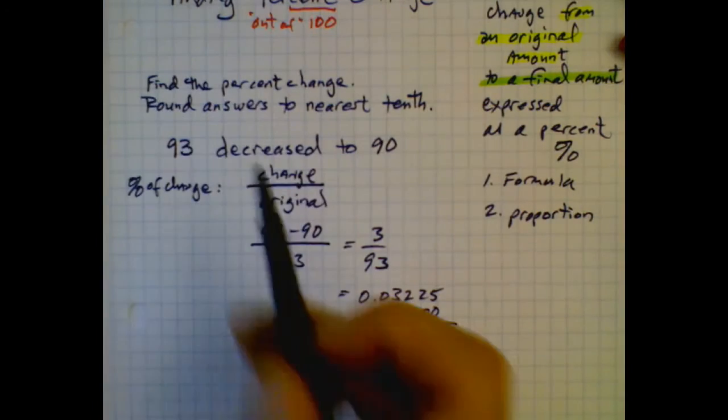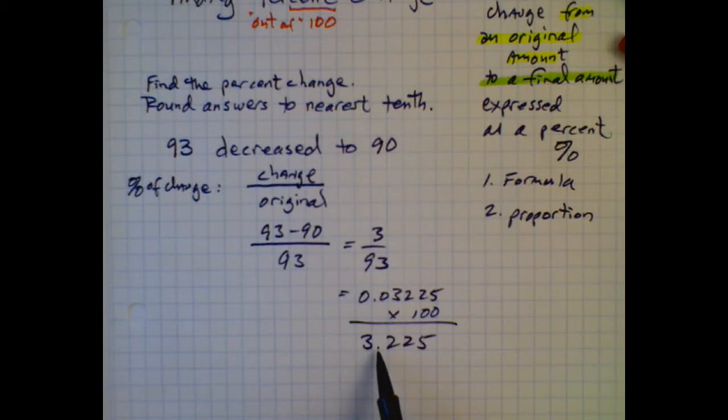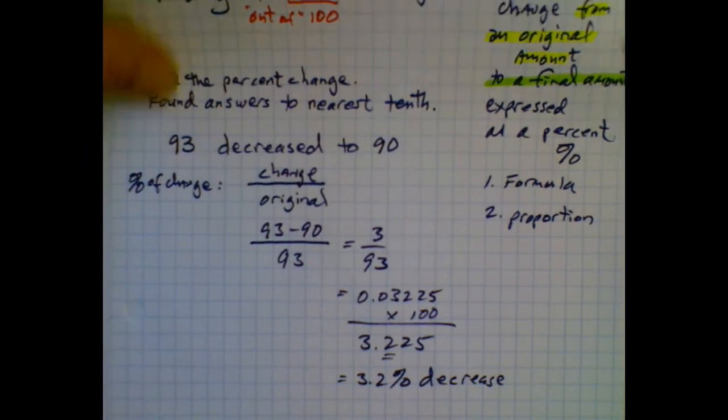But remember, the instruction says round to the nearest tenth. So here's my tenths position. In the hundredths position, that's 4 or less. So this is going to be a change of 3.2%, and it's going to be a decrease. So notice I wrote the percentage as the correct direction of the change. So that's the formula method.